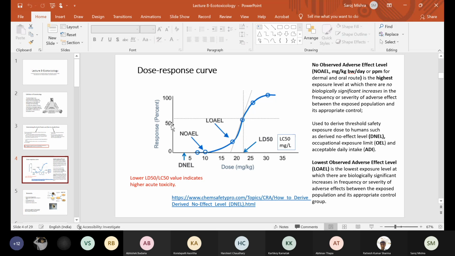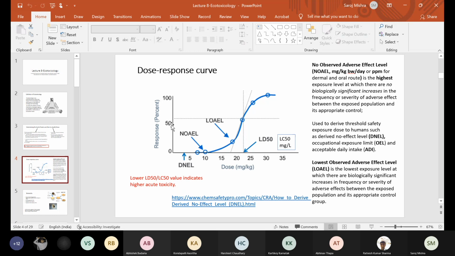Okay, because these are natural responses, not all of them are going to die, because physiologically, although the kilogram body weight is exactly the same, and the age of the rat is also kept the same, their genetic composition in a population is always different. So they are going to respond very differently to the same dose. And in order to arrive at the correct picture, you need to monitor the dose response curve.